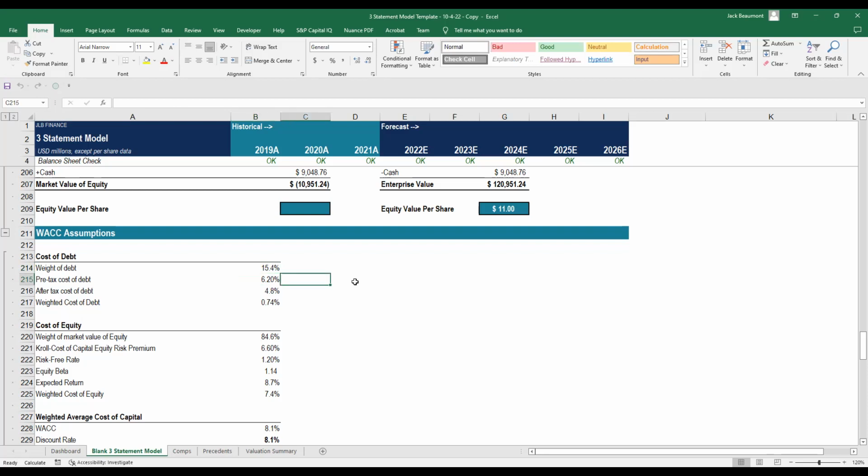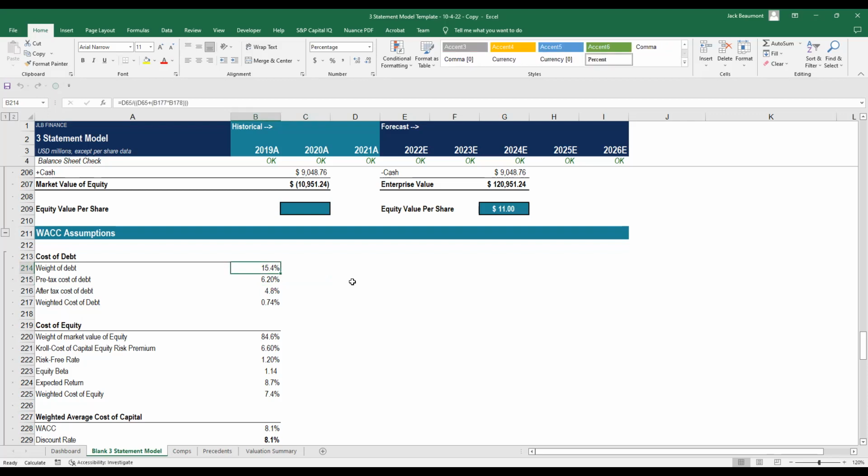Usually you would take a weighted average of their outstanding debt, take whatever their interest payments are, and weight that to get an average cost of their debt. That's pretty straightforward.